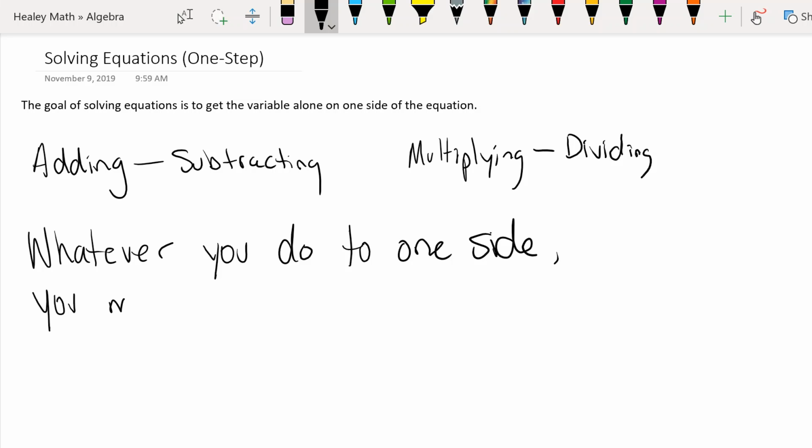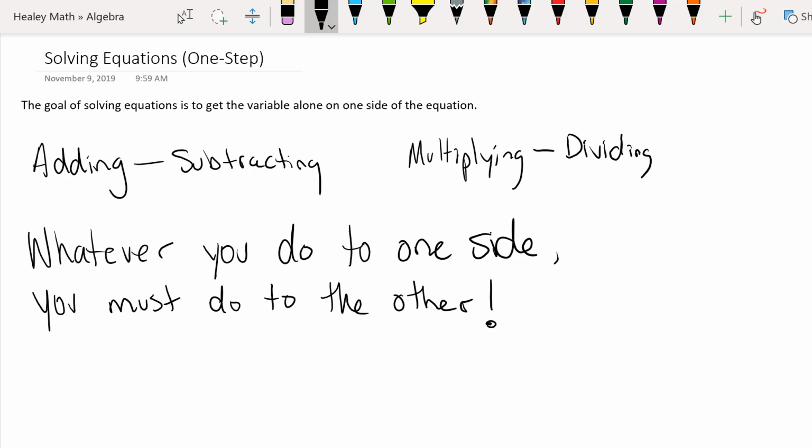This is essential. So, if you subtract a number from one side, you must subtract the same number from the other side. If you multiply a number on one side, you must multiply that number to the other side.